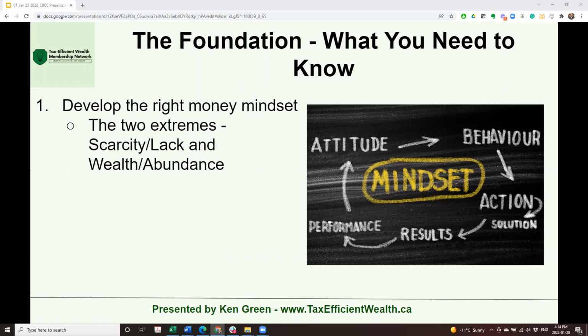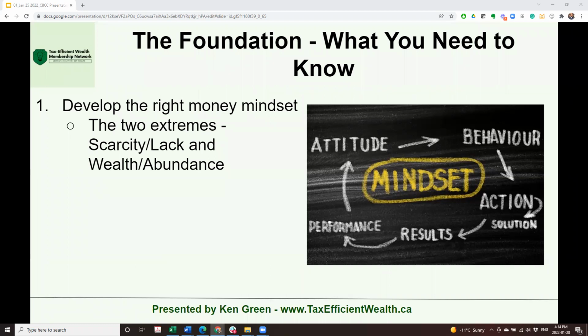Most of us fall somewhere in between these 2 extremes. The good news is that you can change your money mindset. And when you do that, you will get your money right. You will have the right motivation to achieve success and the right money mindset to give you the freedom from worry and the financial freedom that you desire.